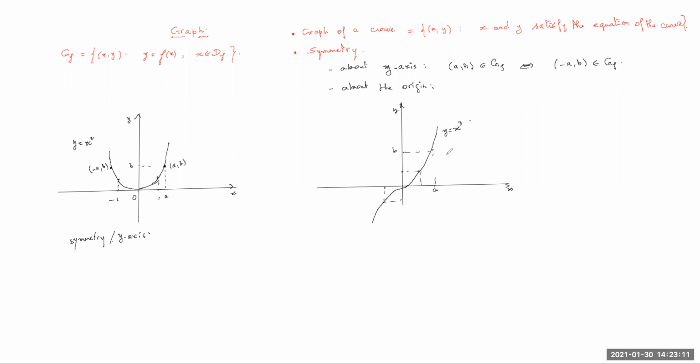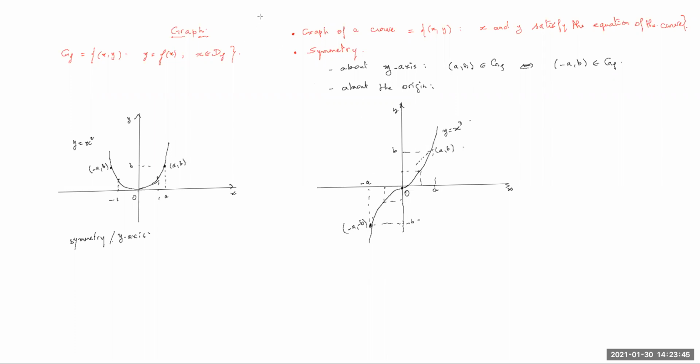If you have a point (a, b), then you obtain, if you look, it's symmetric about the origin. Here is the origin. We need here -a, and we have also here -b. So the point (-a, -b) should be on the graph to have this kind of symmetry.